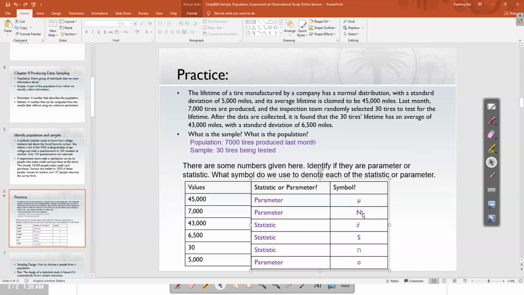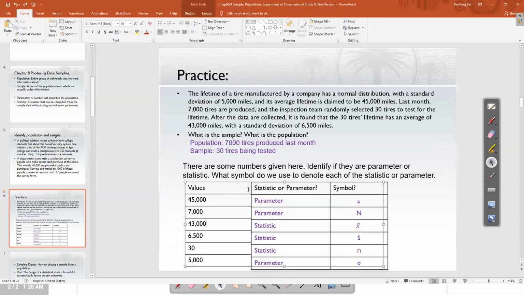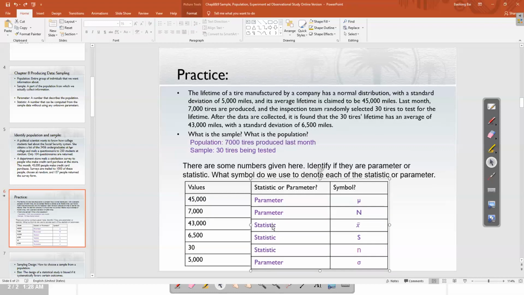And for population size, we use the symbol capital N. And then 43,000, clearly it says 43,000 miles is the average of the 30 tires, right? 30 tires is a sample. So it's describing the sample, so it's a statistic. And the average of the sample is the sample mean. For the sample mean, we use the symbol X bar.